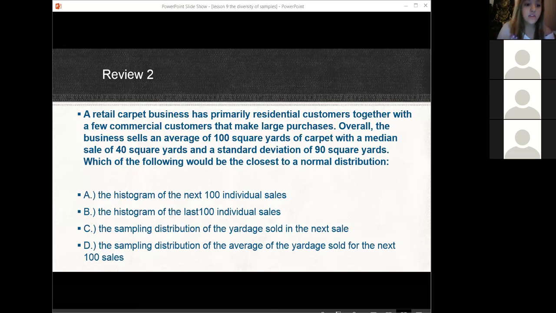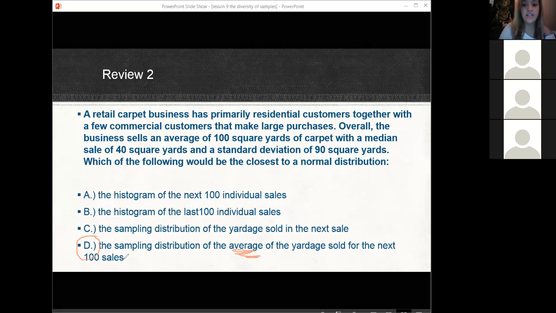Since it's skewed, for A and B the histogram isn't going to make a normal distribution, because that's going to represent the skewed distribution. And for the sampling distribution of the large yardage in the next sale, you can't really tell. If it's random sampling, then it's going to be random. So our answer would be D here, because the keyword is that we want the average for the next 100 sales.